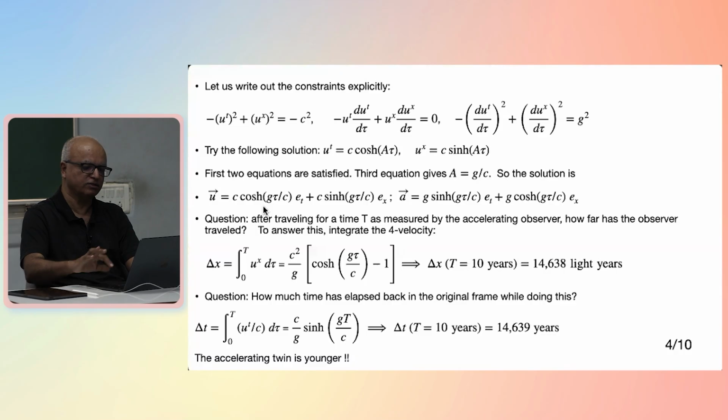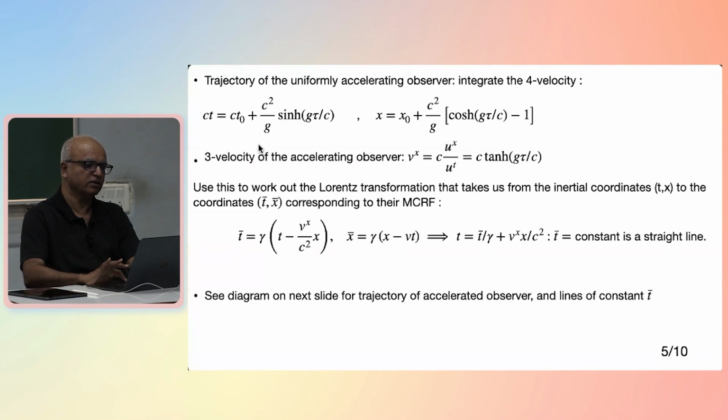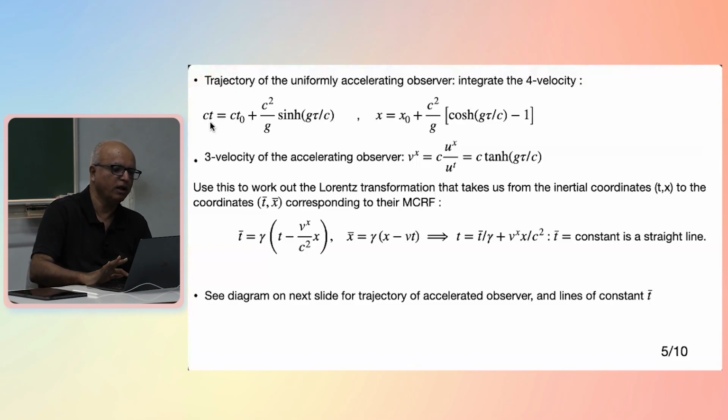Just integrate this, so you will get the trajectory. So this is the answer. There will be a constant. Trajectory of the uniformly accelerating observer, integrate the 4 velocity. This is the trajectory. ct equals ct naught, that is a constant, plus c square by g, sinh g tau by c.